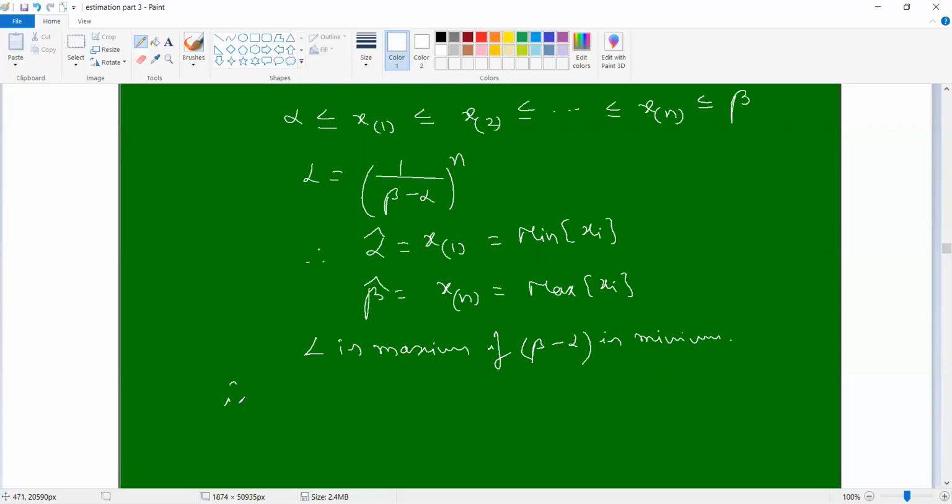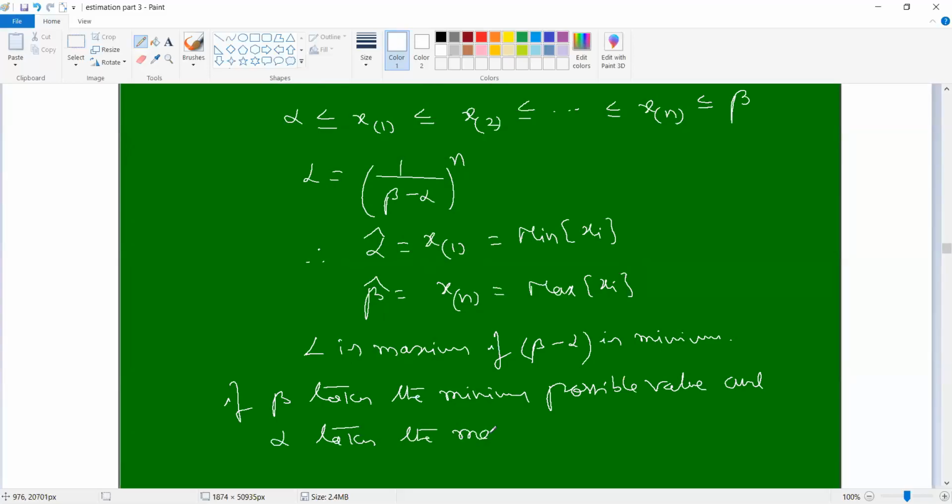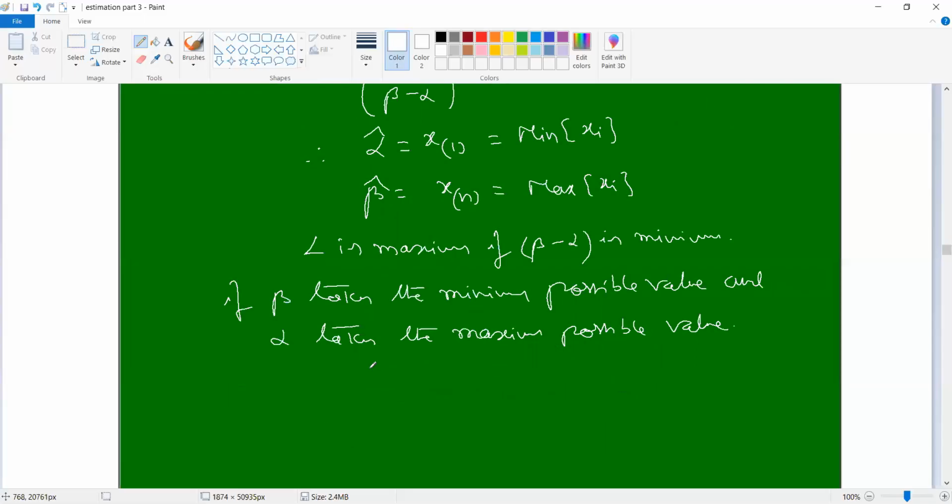If beta takes the minimum possible value and alpha takes the maximum possible value, in this situation the difference is minimum, and automatically L is maximum.